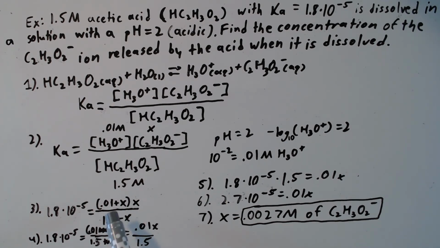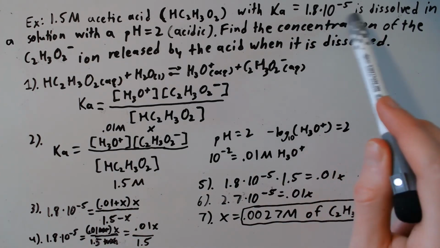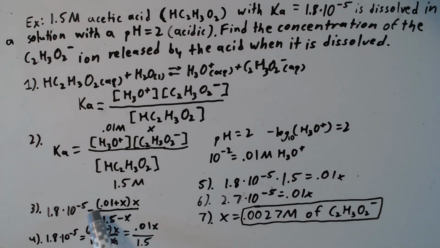It's in fact negligible, because the Ka of the acid is so much smaller than the initial concentration of H3O+, that whatever X is added here essentially does not change this initial concentration. It's just so small. So we can also cross out that X. And in the end, we get 1.8 times 10 to the negative fifth equals 0.01 times X over the 1.5.